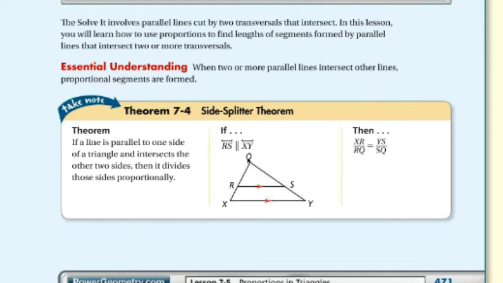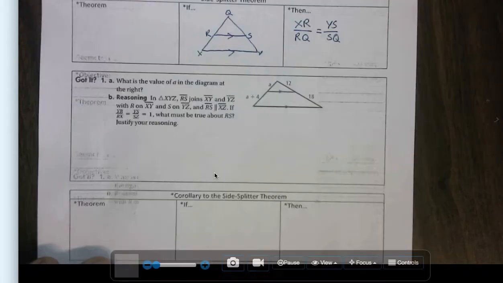This over this should be equal to the small on the right over the larger on the right. So notice XR is small, YS is small, RQ is definitely bigger from the visual, same with SQ. So let's take a look at some examples that show this.